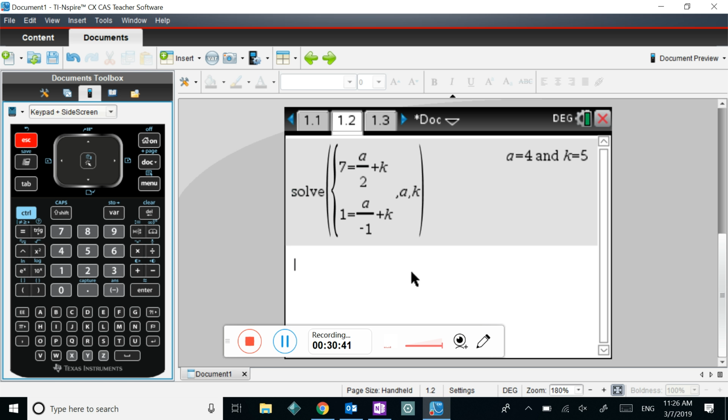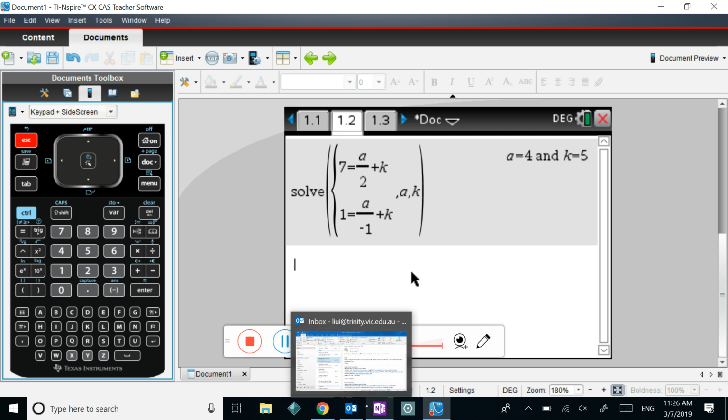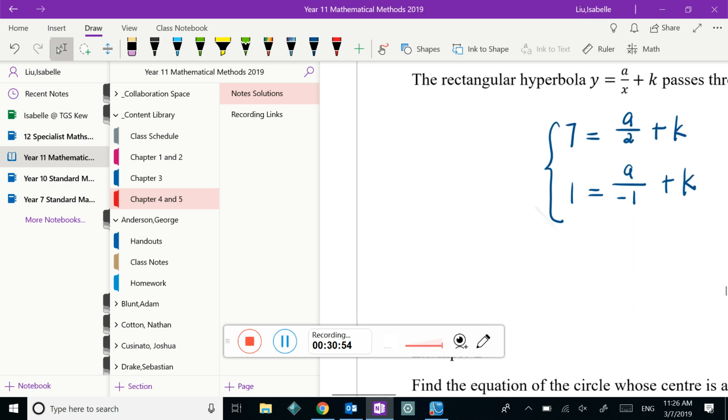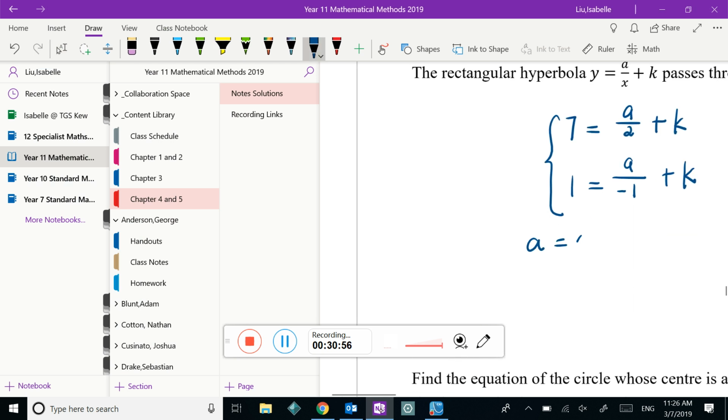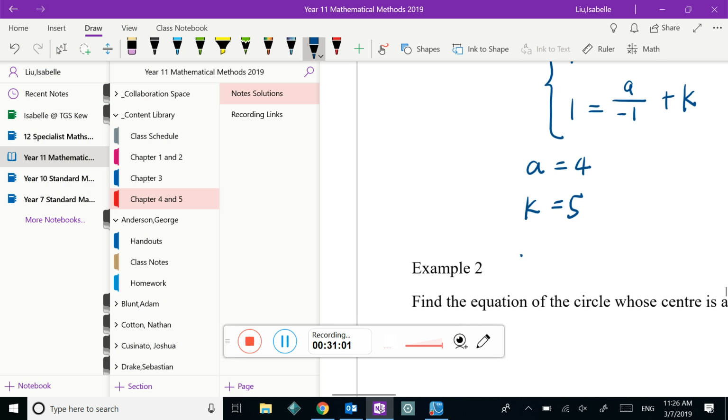So I got a equals 4 and k equals 5. So the rule is y equals 4 over x plus 5.